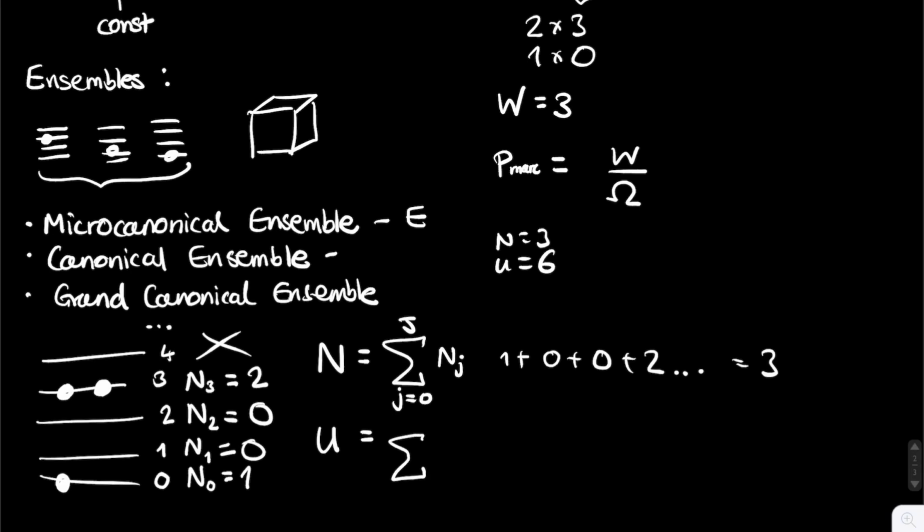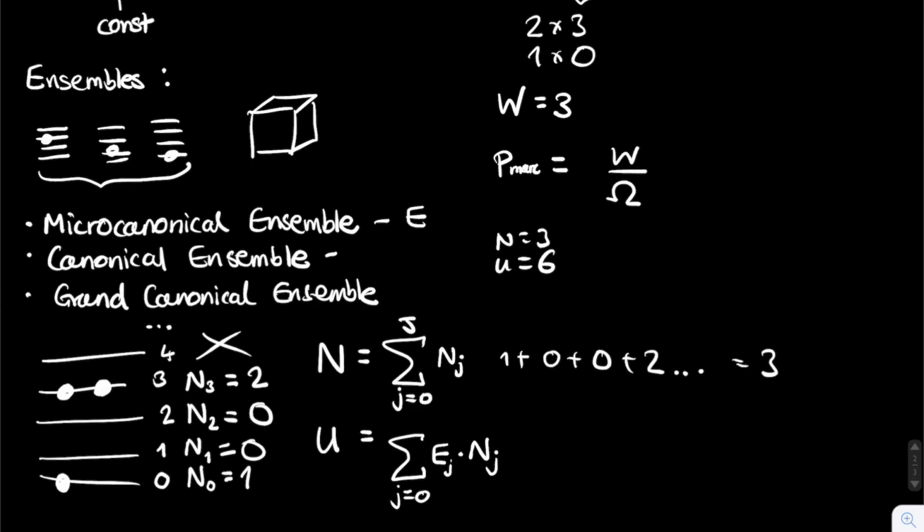The total energy in the system is the sum of the energy value multiplied by the number of particles that are in that particular energy value. So sum of E_j multiplied by n_j. It's simply the sum over all of the different energy states weighted by the number of particles that are in the energy states. It's a very common thing that you'll see quite a lot.